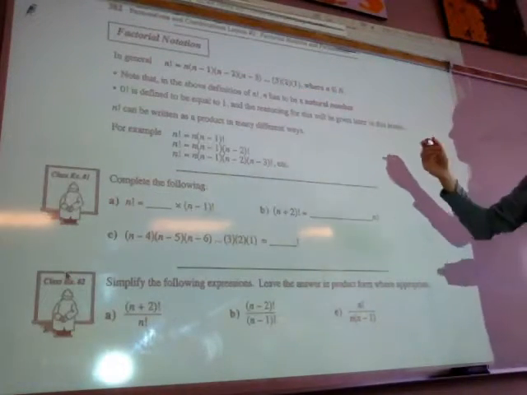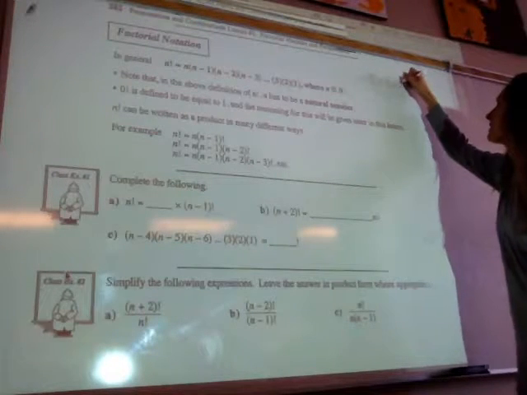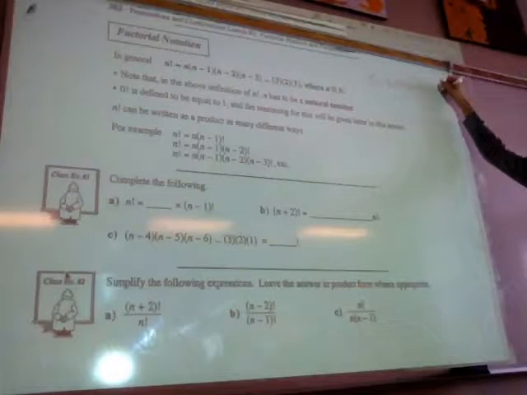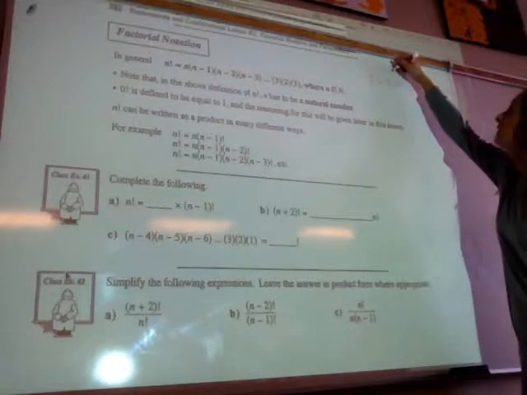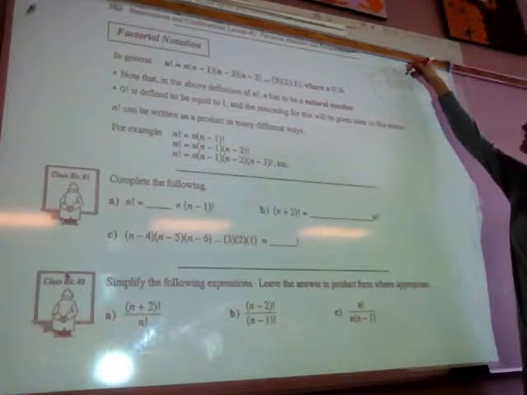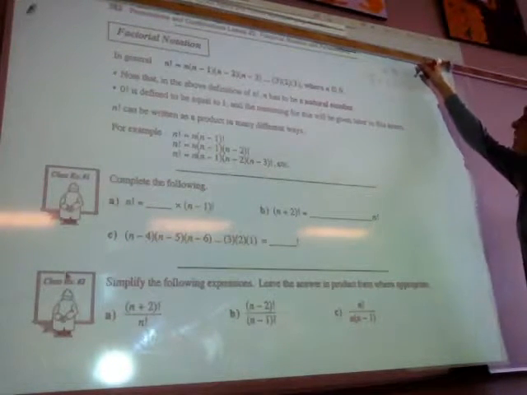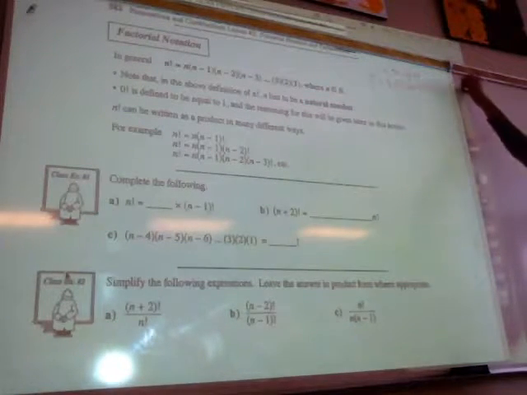So for example, remember we had 8 factorial, that's 8 times 7 times 6 times 5 times 4 times 3 times 2 times 1. This is your n. n minus 1 is 7. 8 minus 2 is 6. 8 minus 3 is 5, and so on, until eventually you get to the 1.